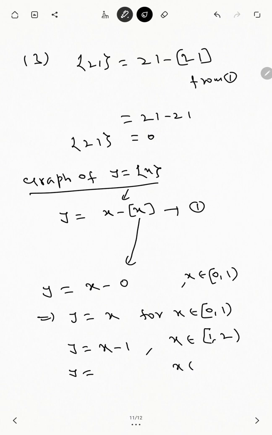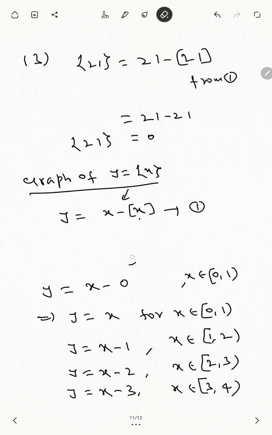Similarly, x belongs to 2 to 3. The integer part of x at that moment is 2. So we are getting y equal to x minus 2. Next one is x minus 3, and so on, whenever x belongs to 3 to 4. Negative also you can take.